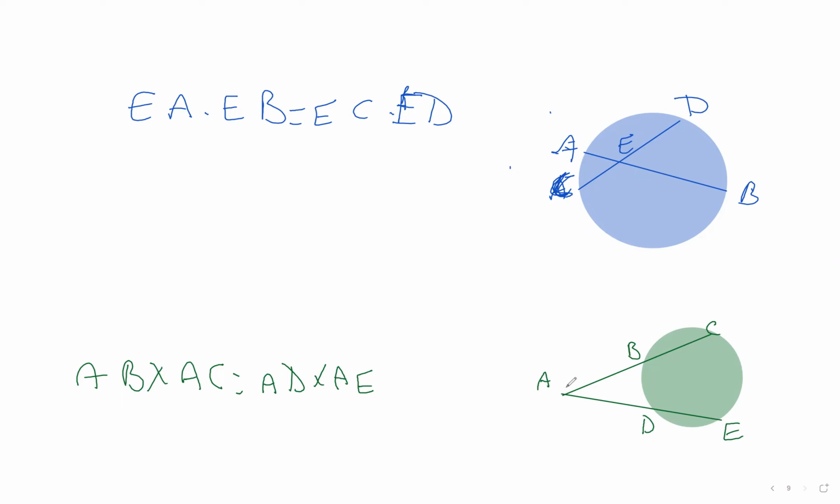Again the intersection point is written 4 times: 1, 2, 3, 4.